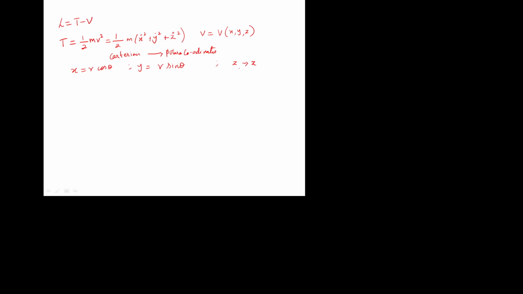Once you include z, it is called cylindrical. The polar coordinates only involve x and y. For the time being, we have to stick with x and y.